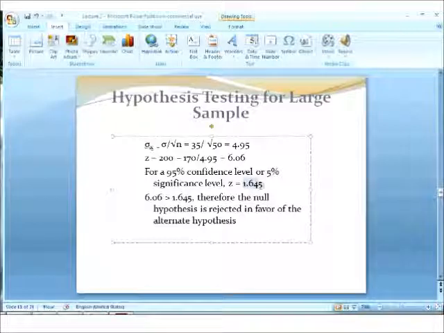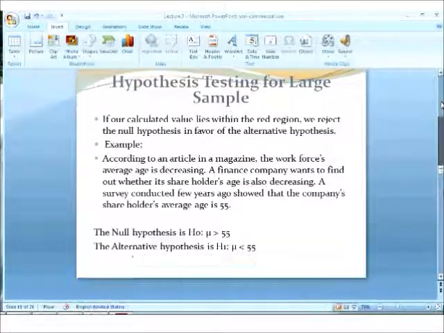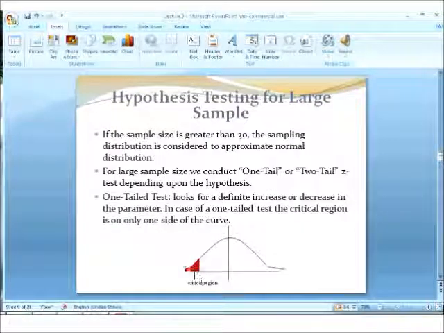The standard value is 1.645. Since 6.06 is greater than 1.645, the null hypothesis is rejected in favor of the alternate hypothesis. How is this possible? Let's go back to this graph and see the small critical region on the negative side. Since this line is 0, this is a negative critical region.